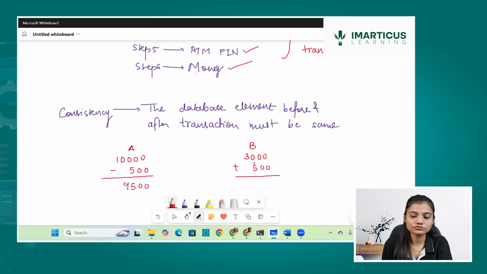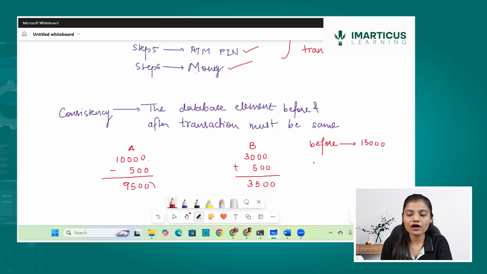What is the value? Let's say 3,500. Fine. So before the transaction, if I take the account balance of A and the account balance of B and sum up, 10,000 plus 3,000 is 13,000. So this was before. Now after the transaction, my account has been debited with 500, so 9,500 is left, and it has been credited successfully, so it was 3,500 based on atomicity.